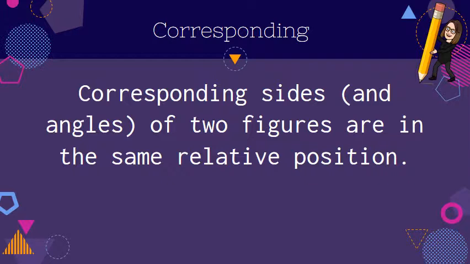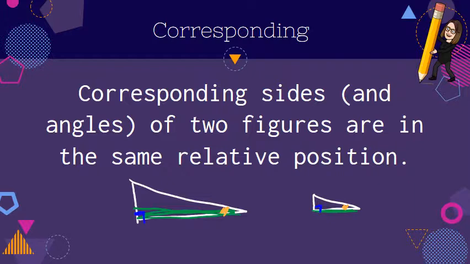Okay, so let's talk about what that means here for a second, put some context to it. If I have a long skinny triangle like that and then I have the same thing, just smaller, that means this side is corresponding to this side. They would be in the same position because they're both next to this small angle and they're both next to this 90-degree angle here.